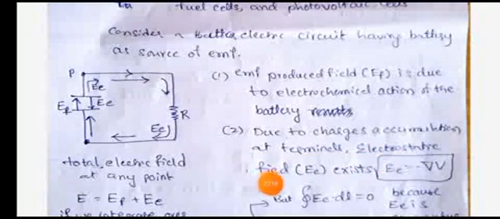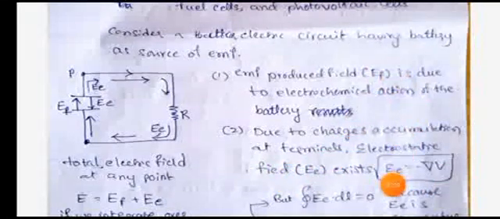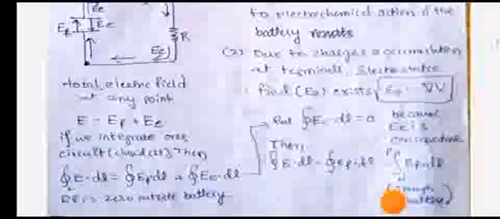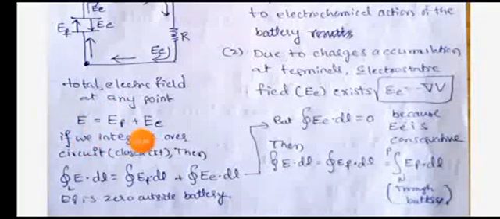So far we discussed the electric field. What is the formula? Electric field E is equal to minus gradient of V, right? So two electric fields are present within the battery. The total electric field is E equal to EF plus EE.